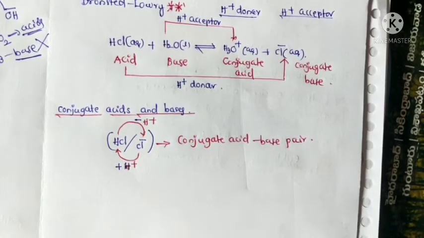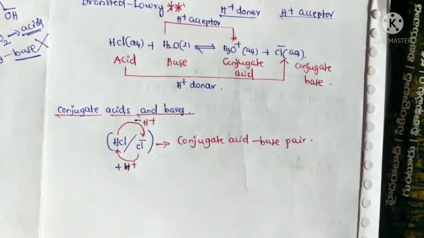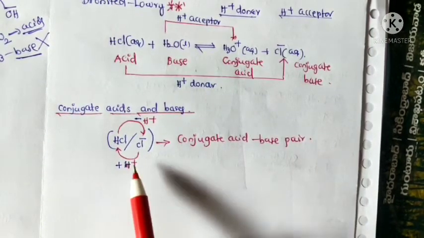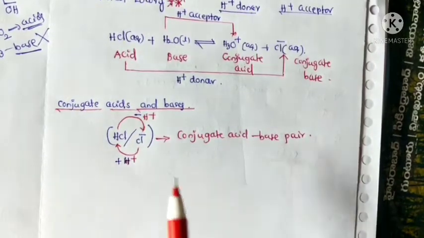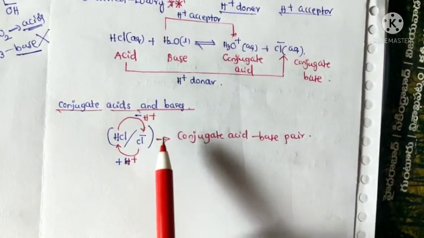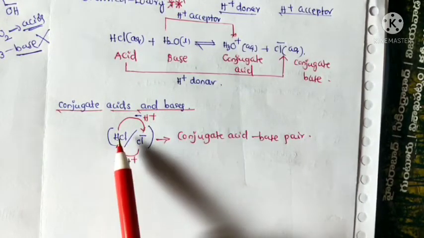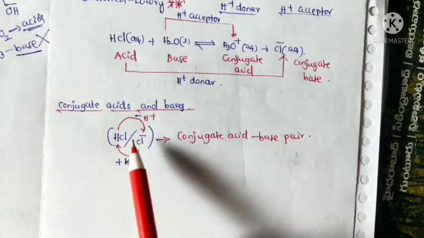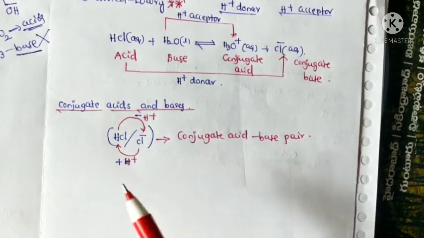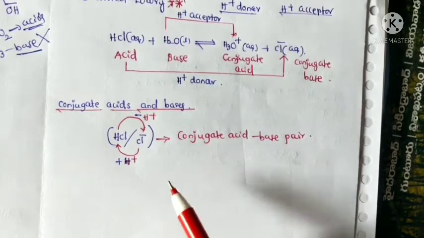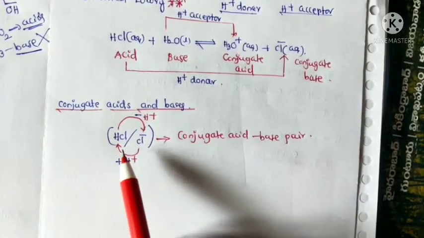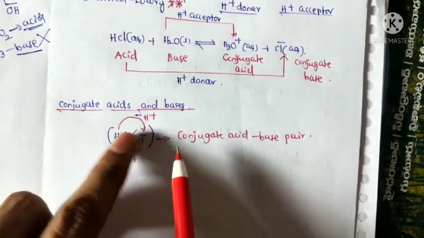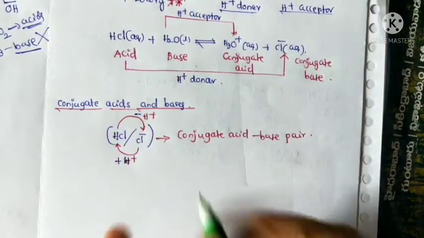What is the definition of a conjugate acid-base pair? An acid-base pair which differs by only one proton. What is the difference between these two?